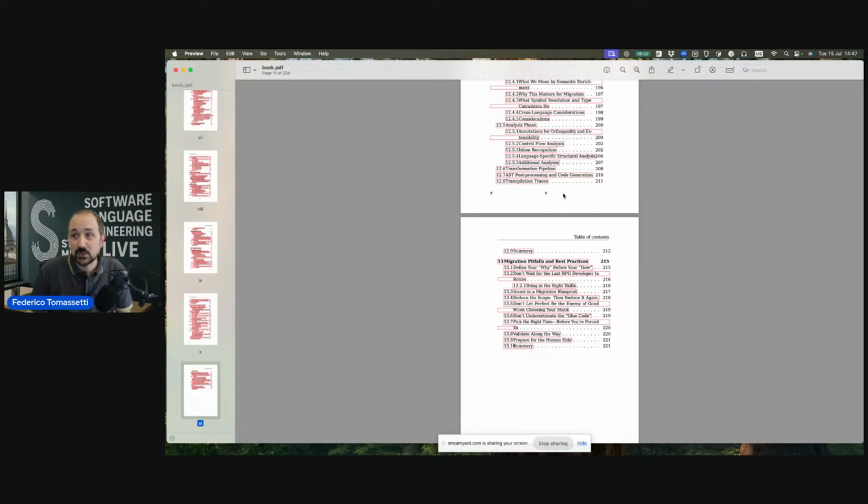My initial goal was to get it to 100 pages. Then things went a little bit out of hand, so now we are over 200 pages. But from now on, we are focusing on making things more concise, not adding a lot of new content.